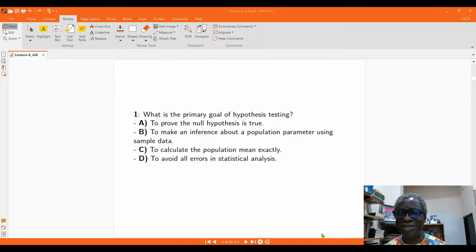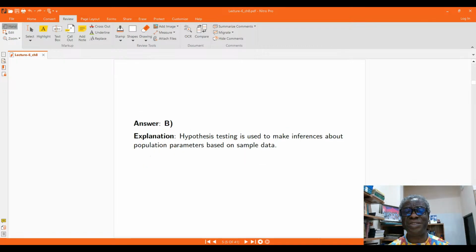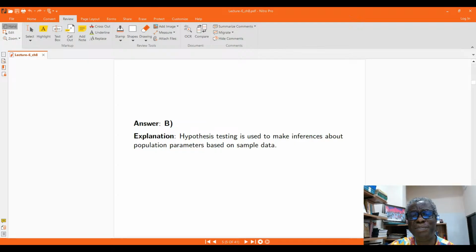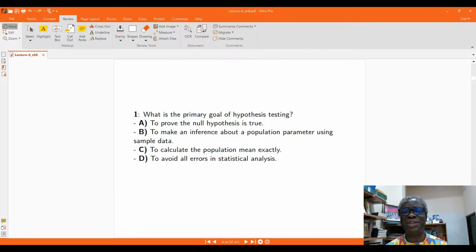Okay, so let's see what the true answer is. The correct answer is B. Hypothesis testing is used to make inferences about population parameters based on sample data. It's not about proving the null hypothesis.